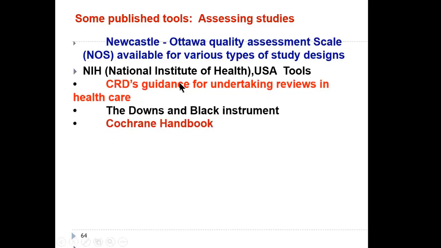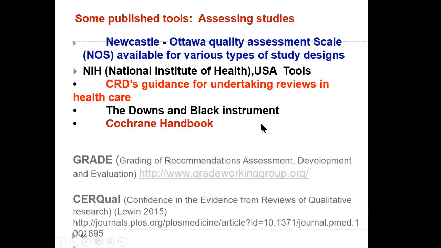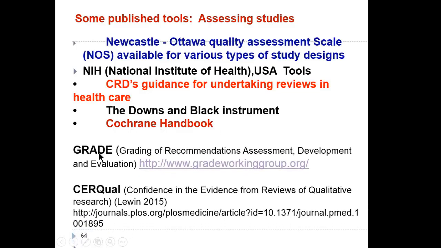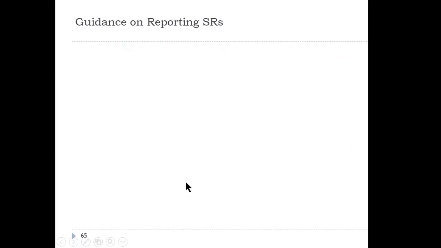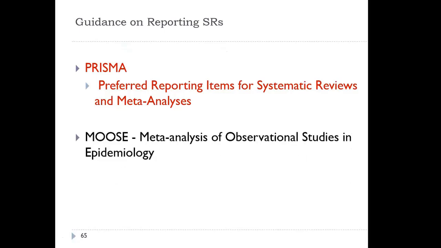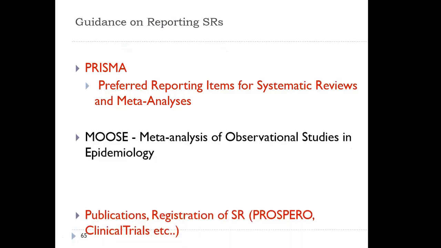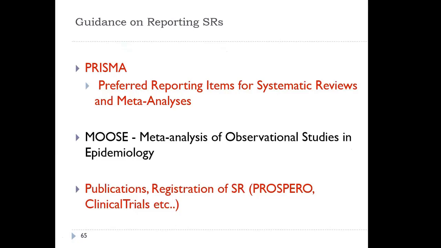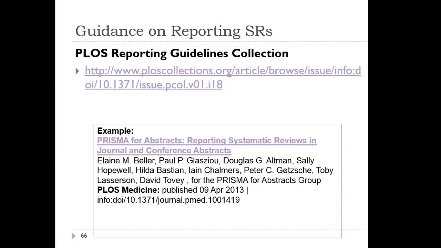Then CRD guidance for undertaking reviews in healthcare, which also has tools, and the Downs and Black instrument, Cochrane handbook, and GRADE, an organization that also provides assessment tools. As I said, reporting guidance is normally PRISMA, or if it is a meta-analysis, then MOOSE. Then there are publications like registration of PROSPERO. This is another guidance plus reporting guidelines.